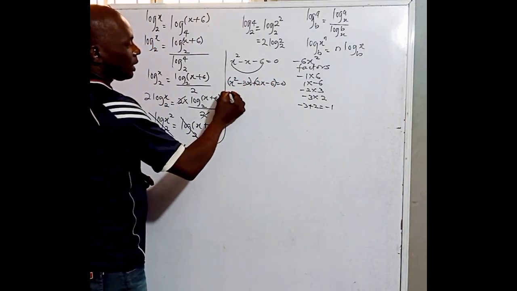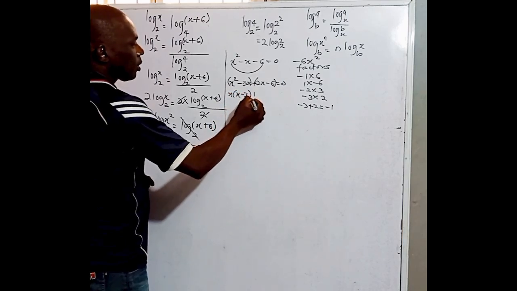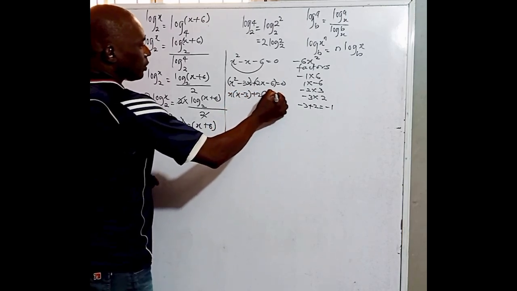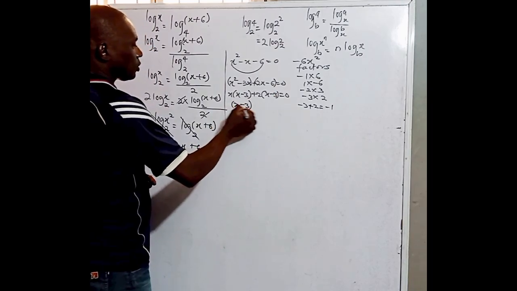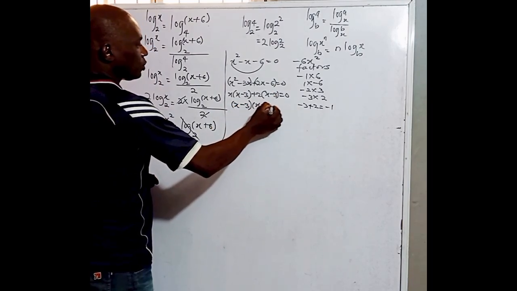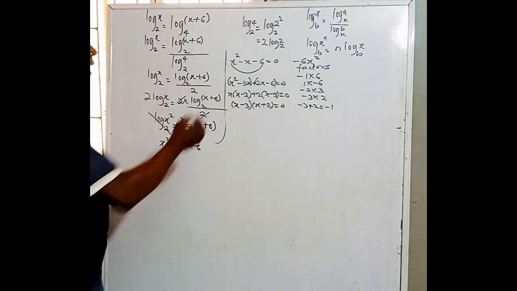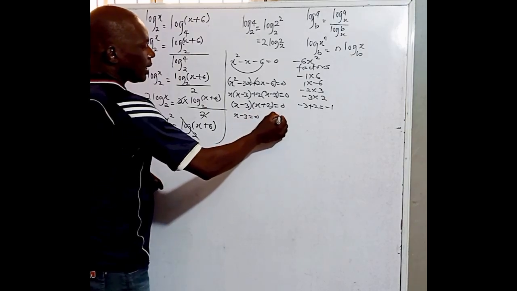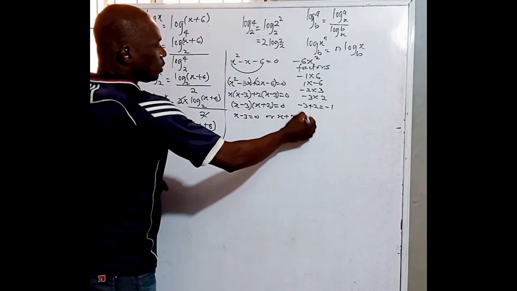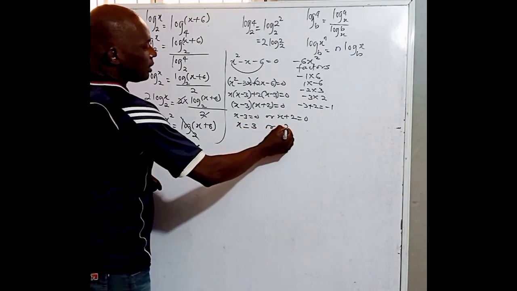The common factor in the first bracket is x, so x(x minus 3) plus 2(x minus 3) equals 0. So (x minus 3)(x plus 2) equals 0. So either x minus 3 equals 0, or x plus 2 equals 0. So x here is 3 or negative 2.